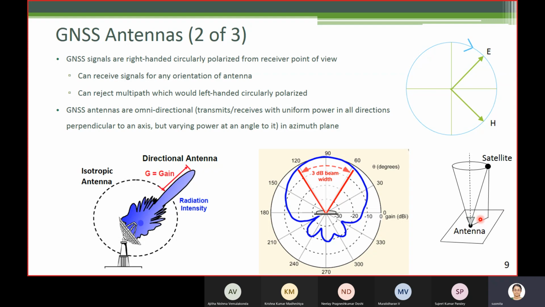Just like the satellite azimuth and elevation, we are doing the same thing but with respect to the antenna. So this angle is the elevation angle, and on the antenna horizontal plane, if you draw some reference direction, with respect to that reference direction, this line of projection will make some angle. That angle is the azimuth angle.